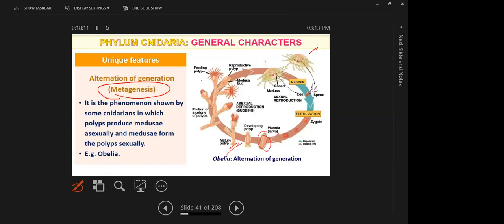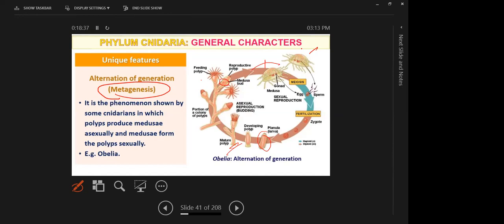Hydra forms buds and they develop into a hydra only. Here the reproductive polyp forms medusa buds, and when they become medusa, again medusa is formed. That's how polyp and medusa form.